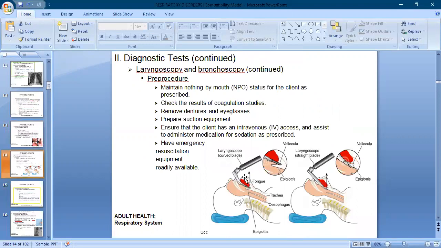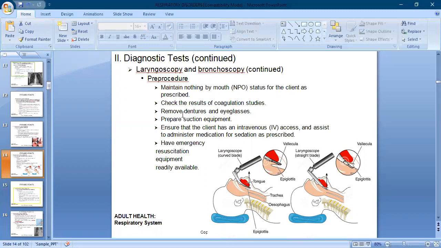So this picture shows the laryngoscope and patient position, right? A little bit up on the chin, head is supported. So pre-procedure, what do we have to tell the patient? We tell them not to take any food, nothing by mouth status, and collect the results of any coagulation studies.